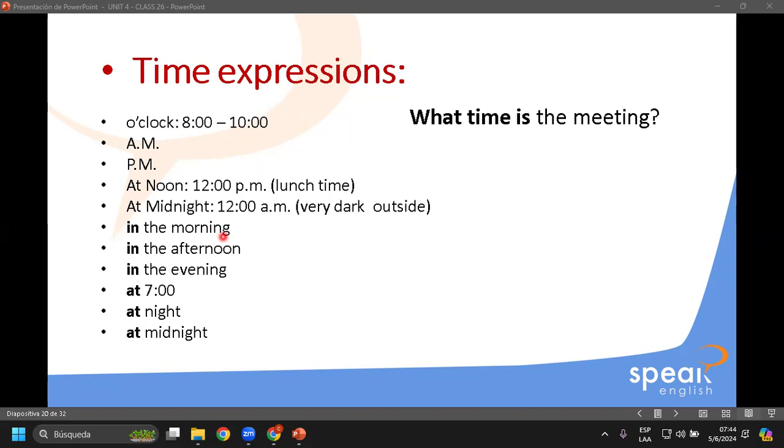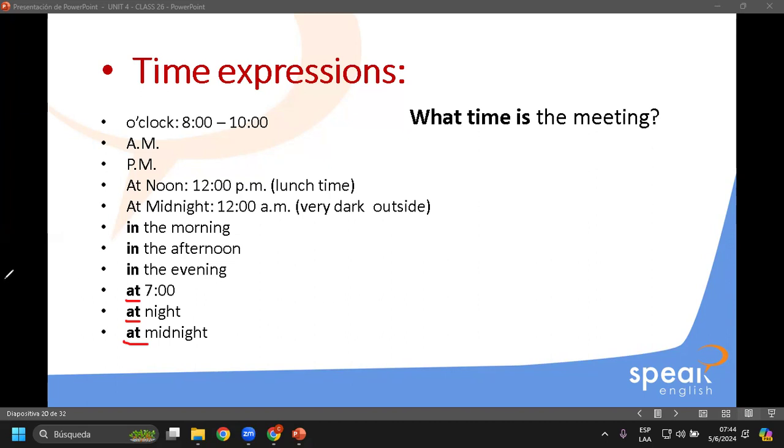What time is the meeting? 7 a.m. or 7 in the morning? It's at 4 p.m. or at 4 in the afternoon or in the evening. Now, if it is at night, look, we always use the preposition at: at 7 at night, at midnight.